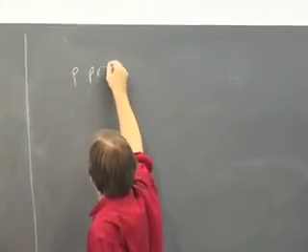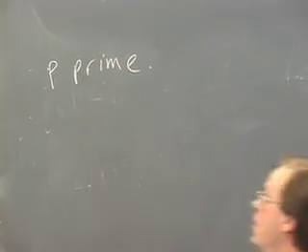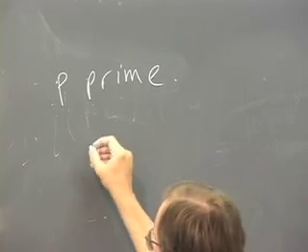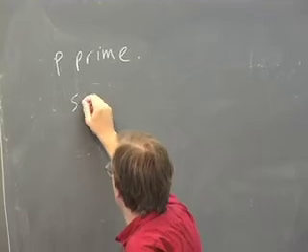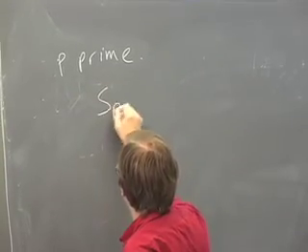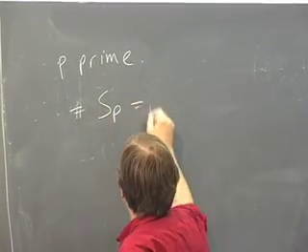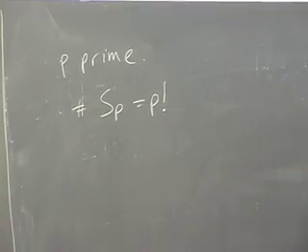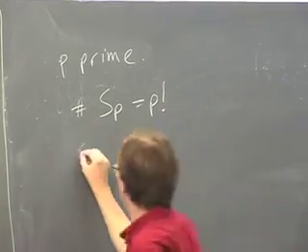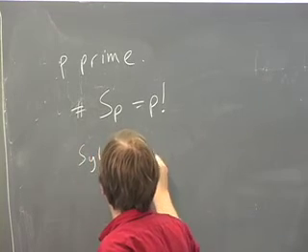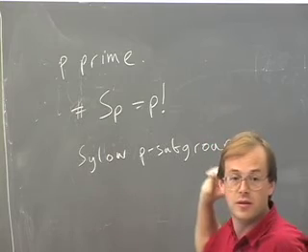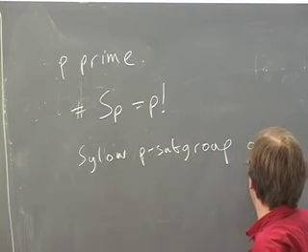It concerns the case of the symmetric group on a prime number of elements. So if p is a prime, we're going to consider S_p. The order of S_p is p factorial. What power of p divides this? Just 1. Can somebody give me a Sylow p-subgroup of S_p? You talked about Sylow subgroups.